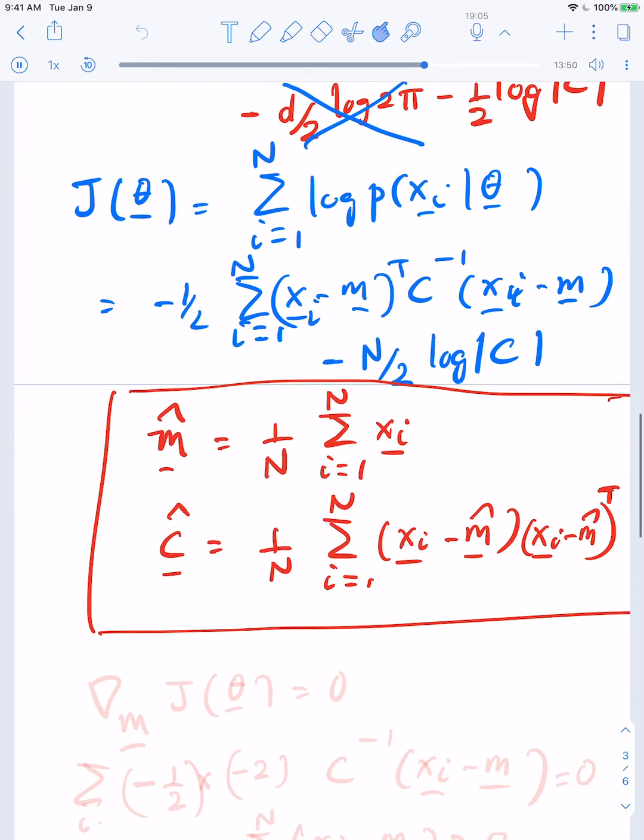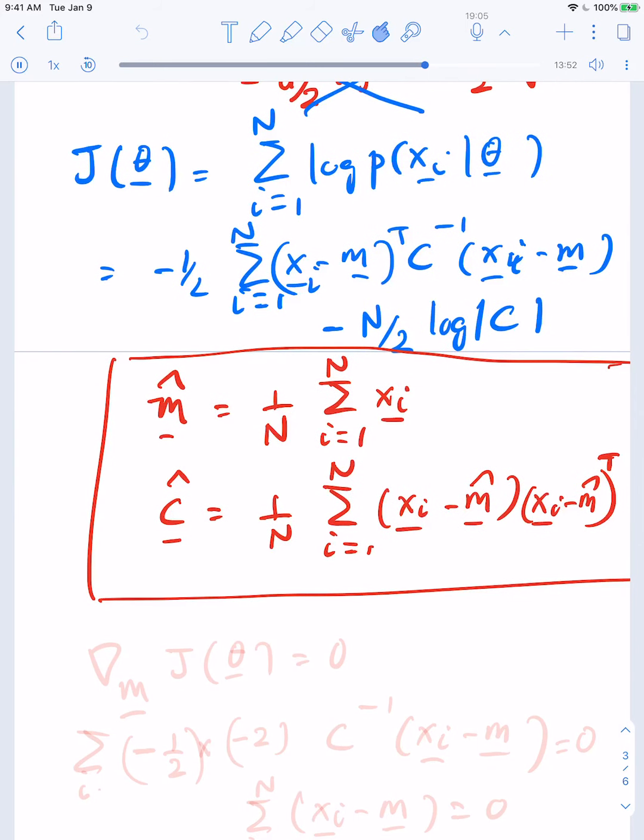If you look at the cost function that we are trying to optimize, it's a quadratic in m. So what I want is that the gradient of the cost function with respect to m is 0.